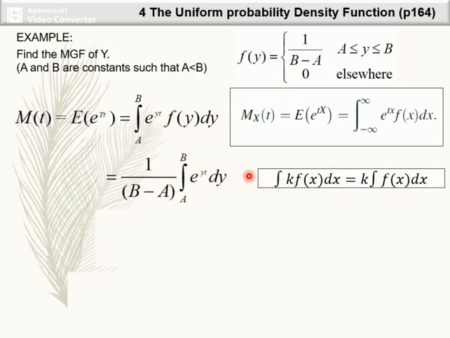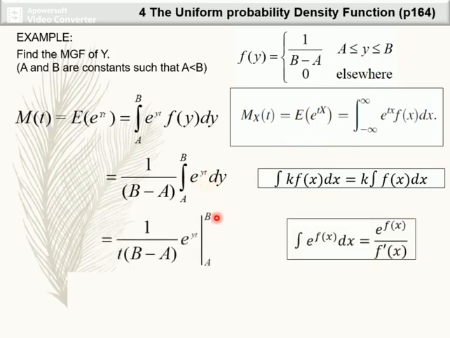So notice here, we no longer have minus infinity to infinity because this PDF is only valid between a and b, or rather, it only has area between a and b. So we can ignore the region where it's 0 because the integral will definitely be 0. So this is where we are now. If you take the integral of e to the yt, so remember, this is what we're applying.